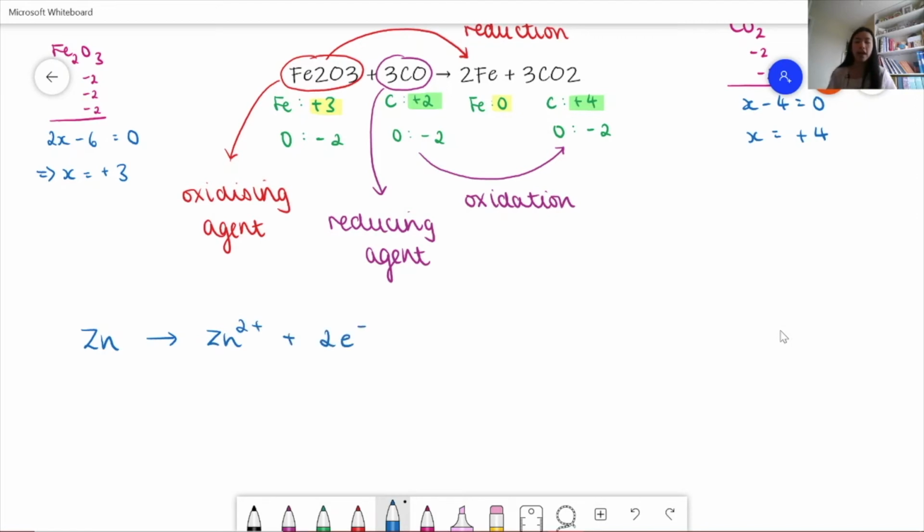So this is an example of oxidation. And then for an example of reduction, we could have chlorine. Chlorine exists as a diatomic molecule, so we have Cl2. And so we need to add 2 electrons to form 2 of these chloride ions. And so this is our example of a reduction reaction.